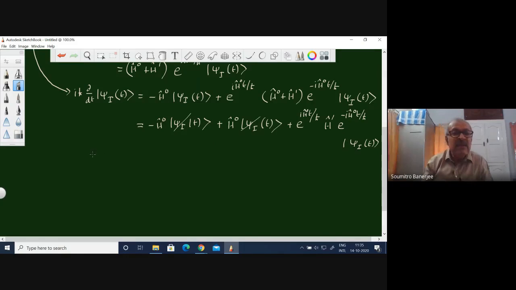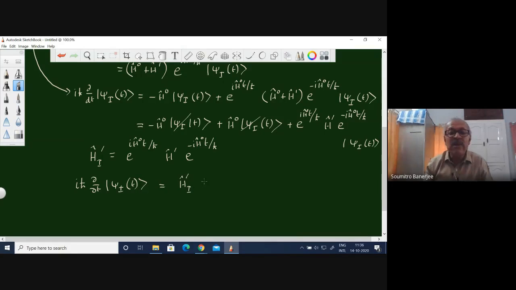Therefore, if we define the interaction picture Hamiltonian as e to the power i H naught t by H cross sandwiching H prime, e to the power minus i H naught t by H cross, then we have the simple Schrodinger equation in the interaction picture as i H cross del t of psi I of t is equal to the interaction picture Hamiltonian operating on psi I, exactly the Schrodinger equation. Okay.